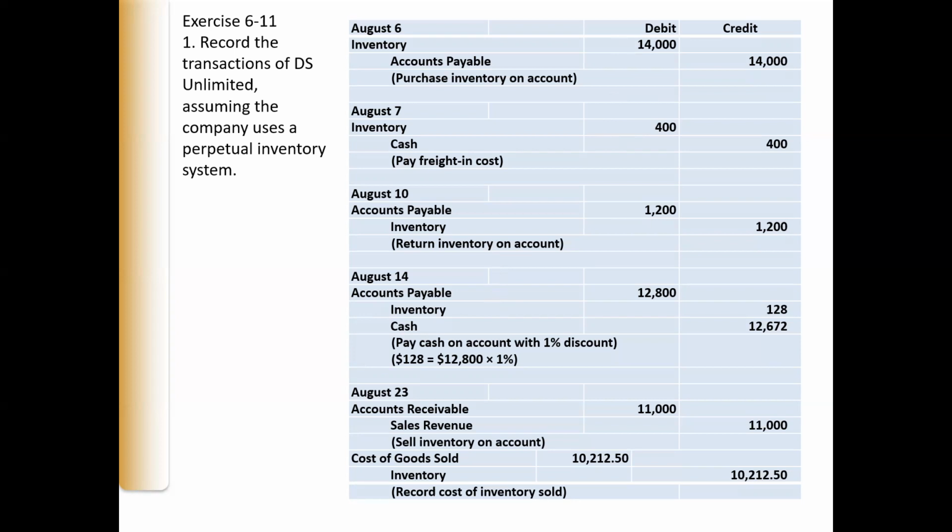Then when we turned around and sold those goods, we're debiting our receivable for 11,000. We're crediting our sales revenue. And then there's an additional journal entry, getting rid of our inventory to show it was sold. We debit our cost of goods sold for 10,000 to 1250.